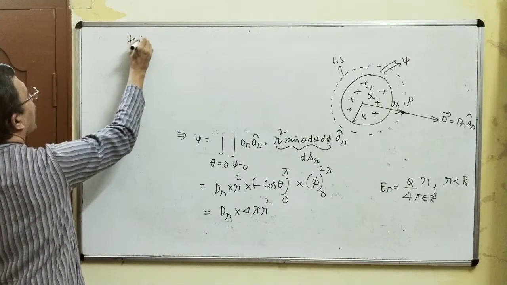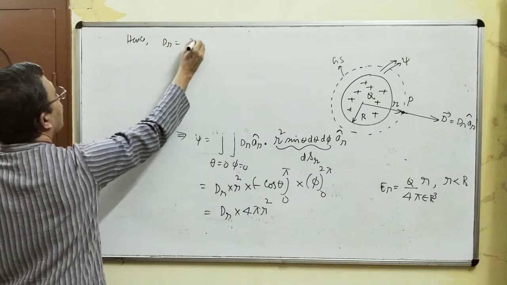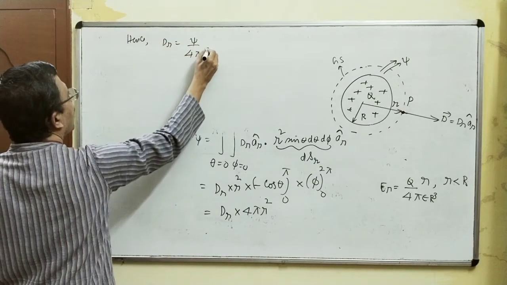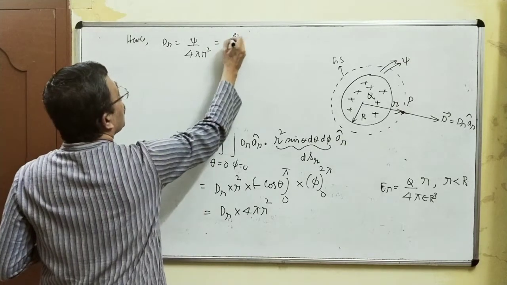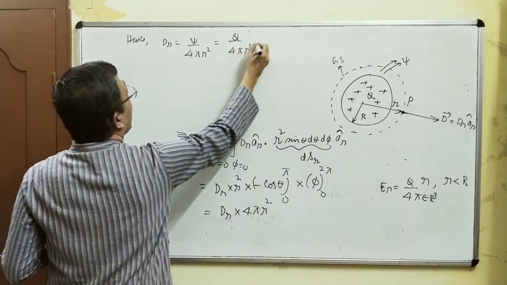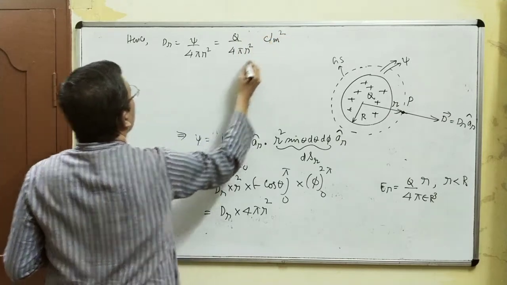Hence, Dr is equal to psi divided by 4 pi r square. What is psi? From step number 1, psi is Q. Q divided by 4 pi r square coulombs per meter square.